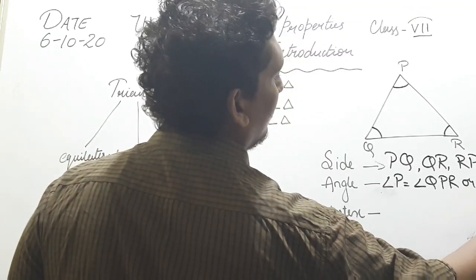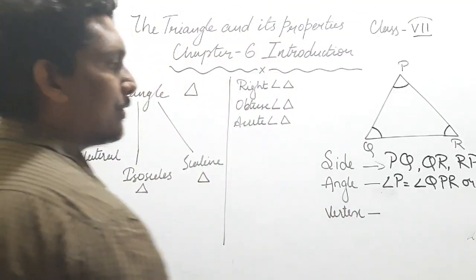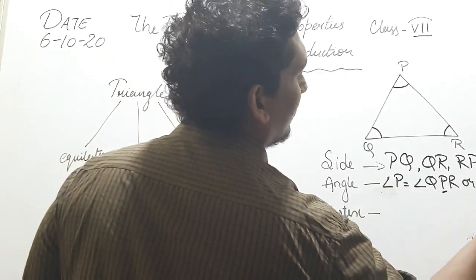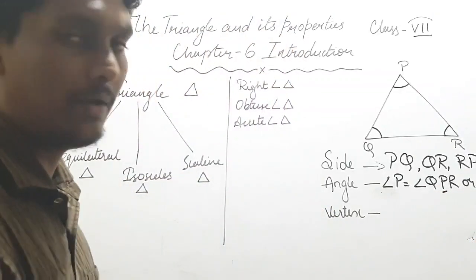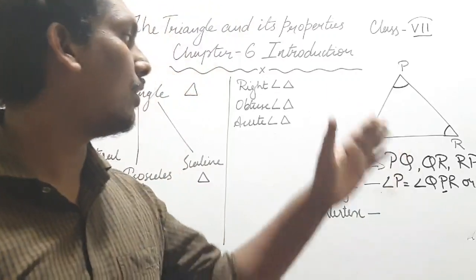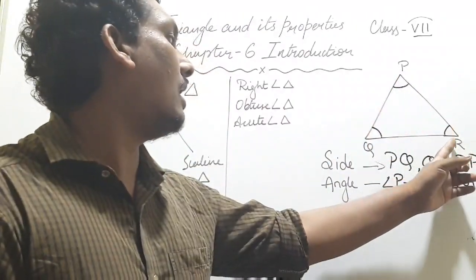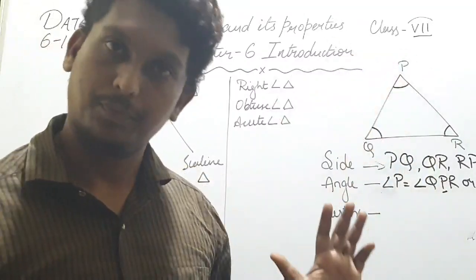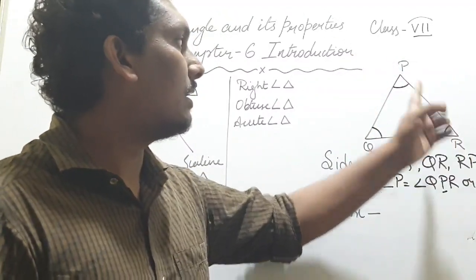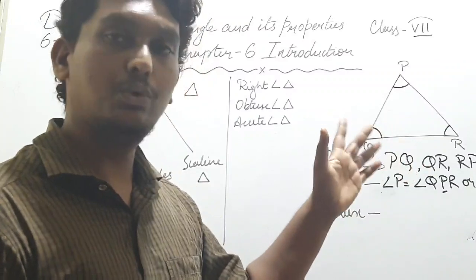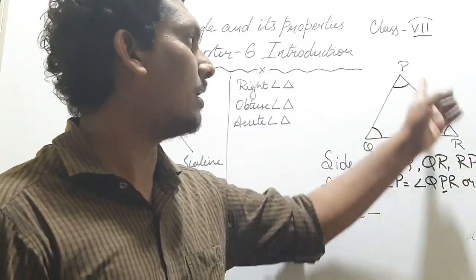or we can write it as angle RPQ. In both cases you see P is coming in the middle. Same way we have to write for Q: PQR, or we can write it as RQP, right? Same way for R: PRQ, or we can write QRP.